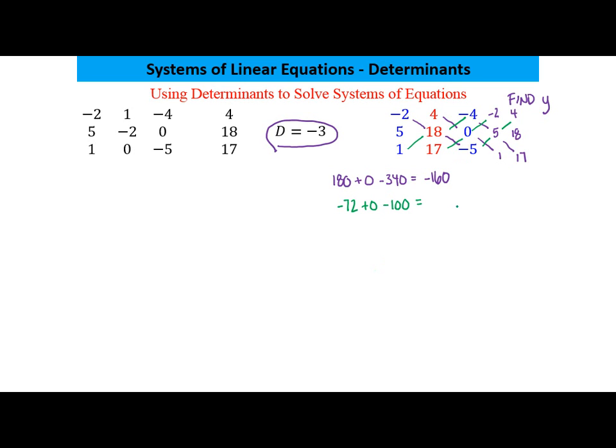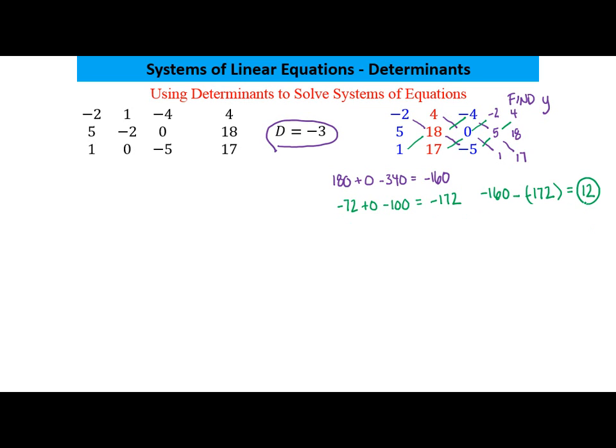Okay, I'm going to get this answer, and that is negative 172. Good. Now, I have to remember, I have to subtract both of these answers. So that's negative 160 minus negative 172. Would be 12. Negative 12. No, 12. Positive 12. Good job.